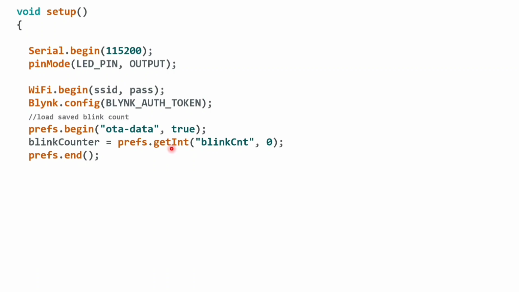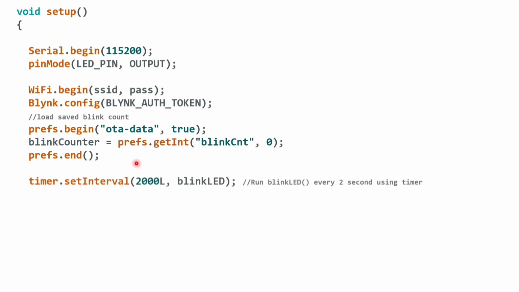Previously we have used putInt, right? putInt is used to store the blink count inside flash. If you want to restore the data from the flash memory, you have to use this getInt function, right? So the final blink count will be restored and the ESP32 will be started from that count onwards, right?